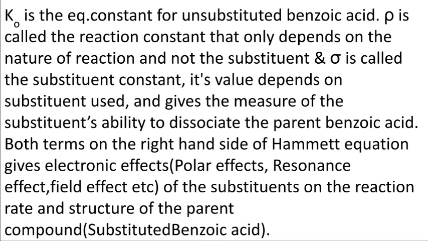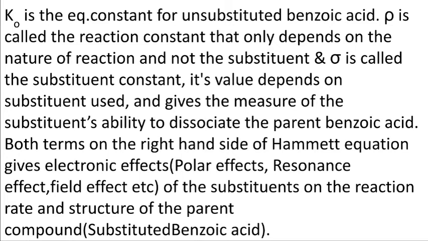Both terms on the right hand side, sigma and rho of the Hammett equation, give the electronic effects, such as polar effect, resonance effect, field effect, etc., of the substituents on the reaction rate and structure of the parent compound, that is the substituted benzoic acid.